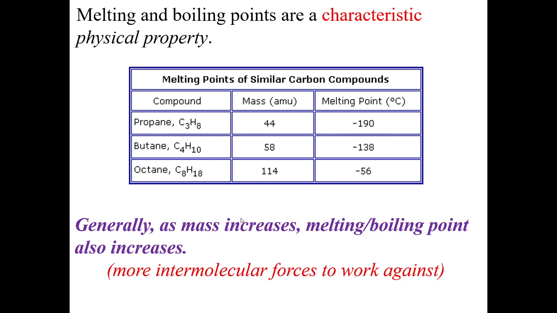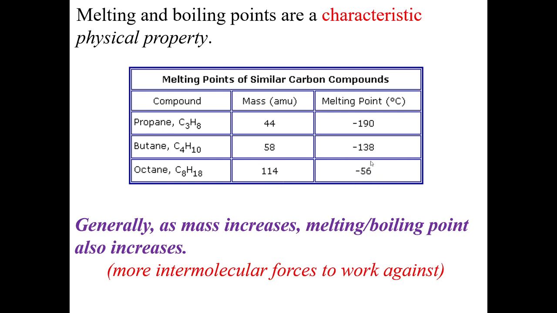And that is because as mass increases, these melting and boiling points also increase because there's more intermolecular forces to work against. You've got a larger molecule, something like octane. It's much bigger. It's like twice as big as both of these, propane and butane, almost 3 times as big as propane. And so there's more intermolecular forces to have to break, which means you're going to require more energy to break them.